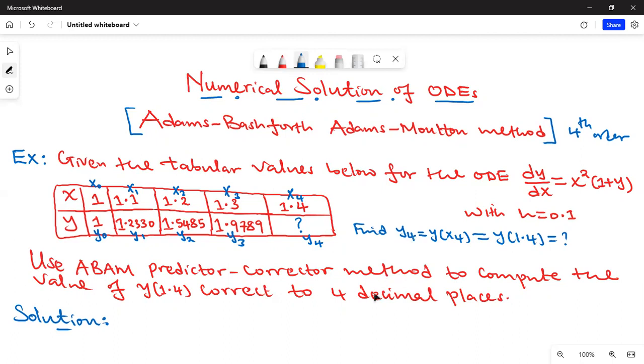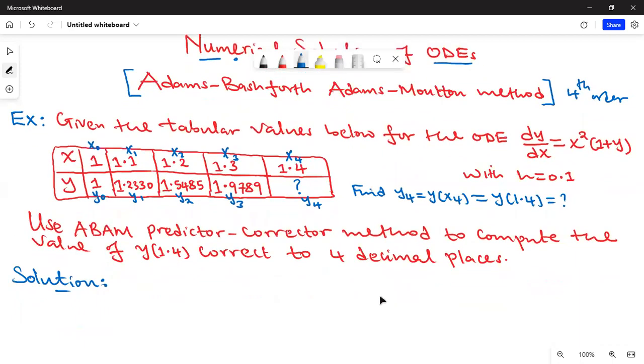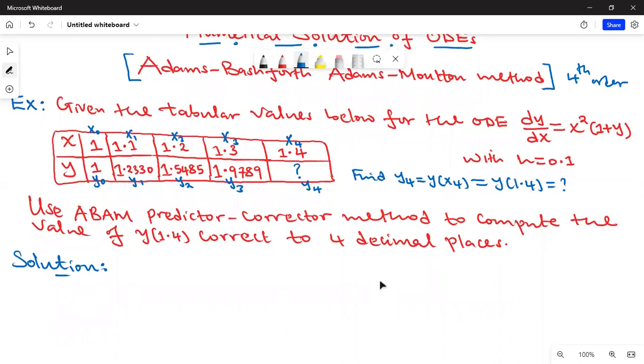So let me give you the formula for the predictor and also the corrector methods. Even before I give you the formula, look at our table. We know that x0 is equal to 1, y0 is equal to 1, and from the ODE, f of x, y is equal to x squared into 1 plus y.